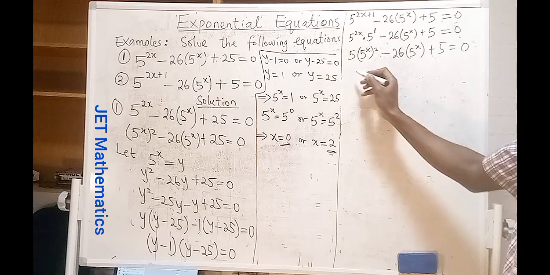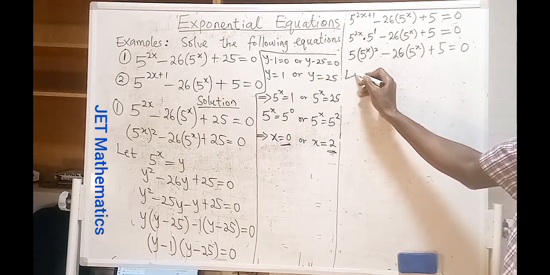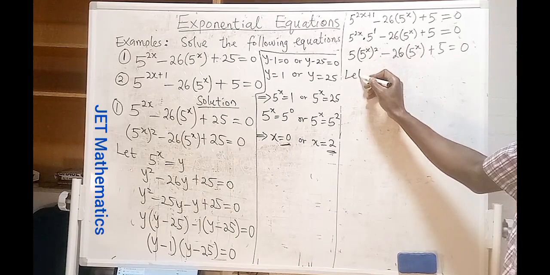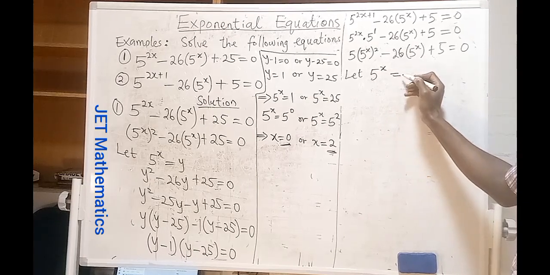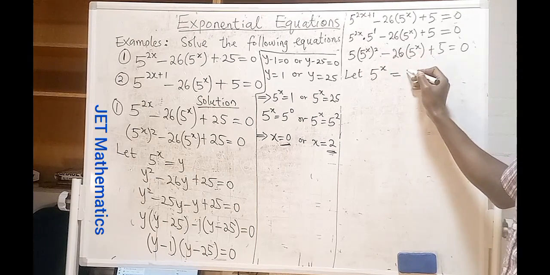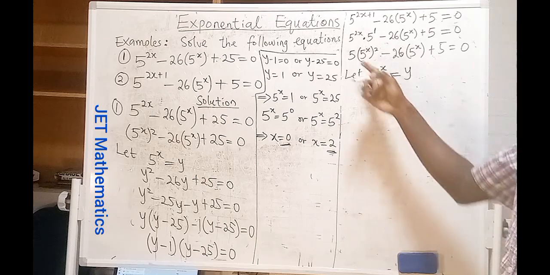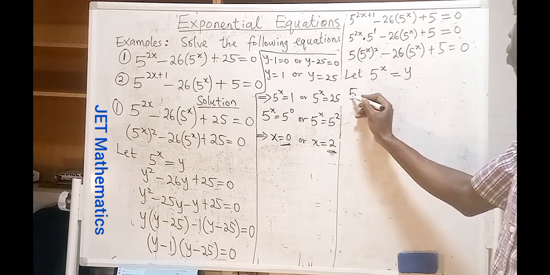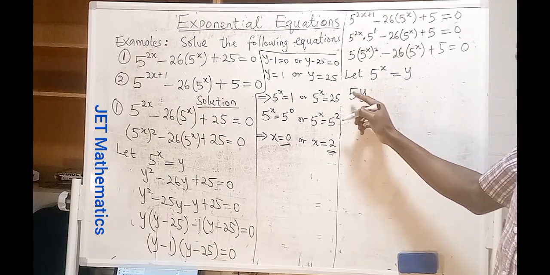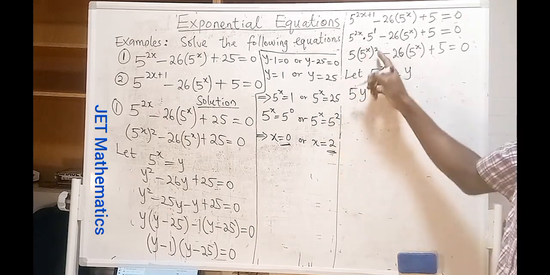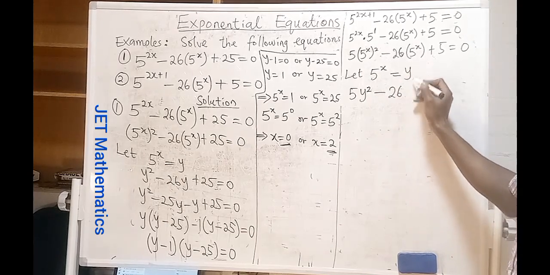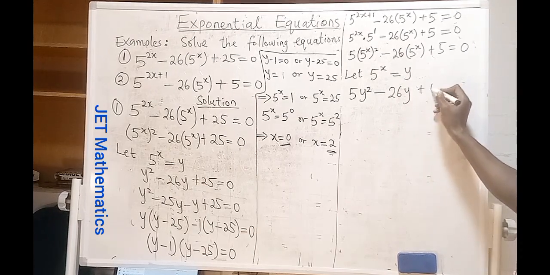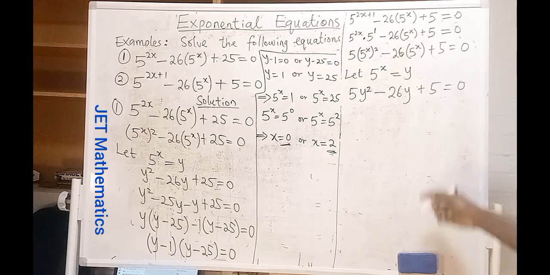Okay, so at this point, because of what we have here, we can say let 5 raised to the power of x be equal to y again. So putting it here, you have 5 times y squared minus 26y plus 5 equals 0.